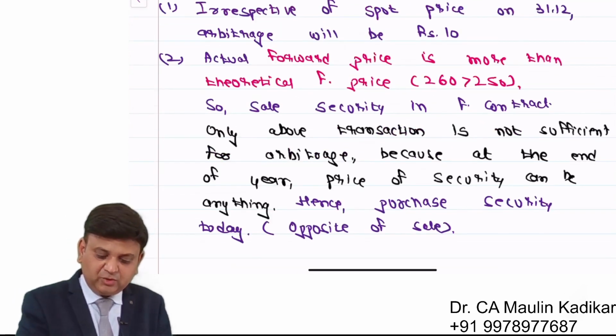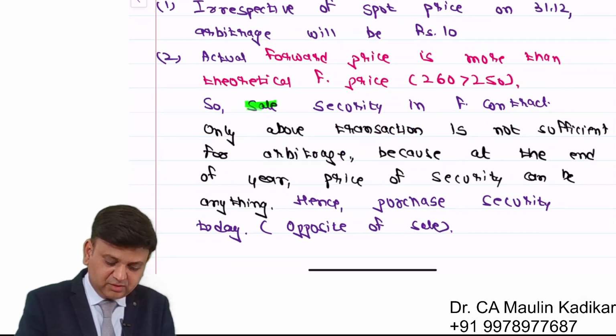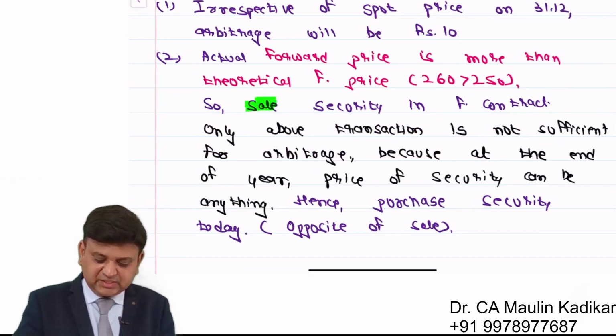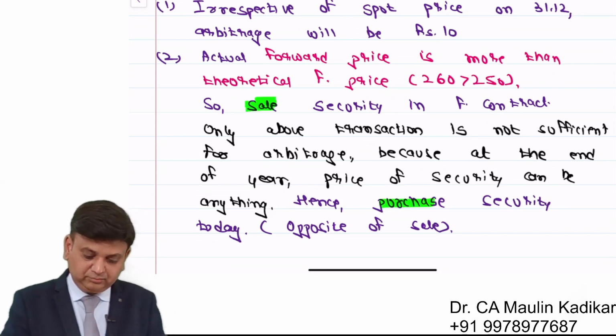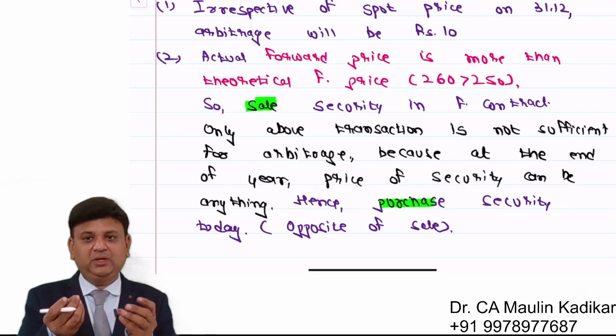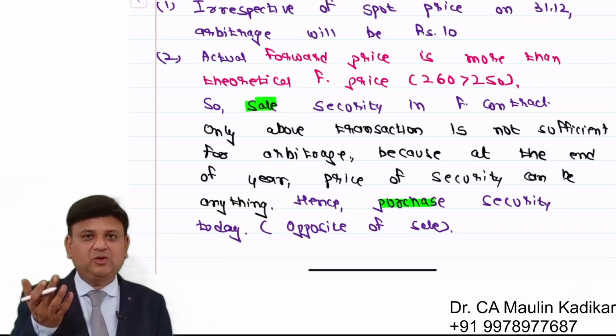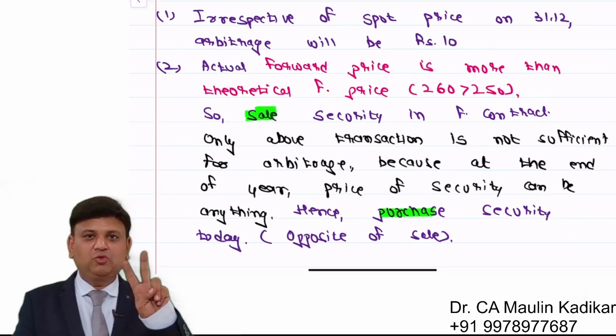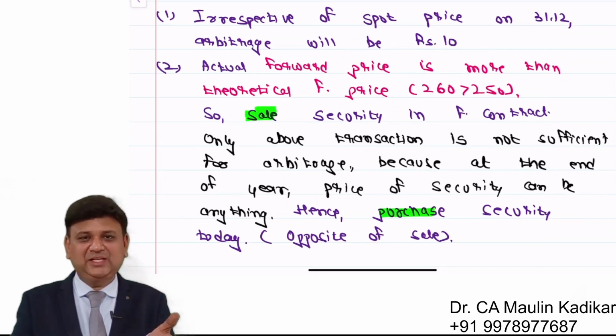So basically we are going to sell security at the end of the year. That is the reason we buy security today. So always an opposite transaction is required to be entered upon, because we always understand logically that two opposite transactions are required for profit. One is purchase and another is sale.